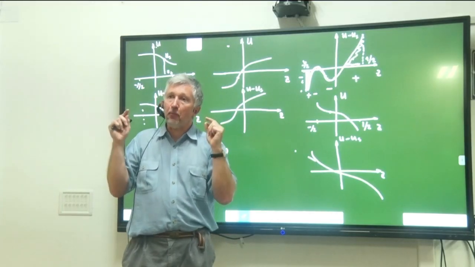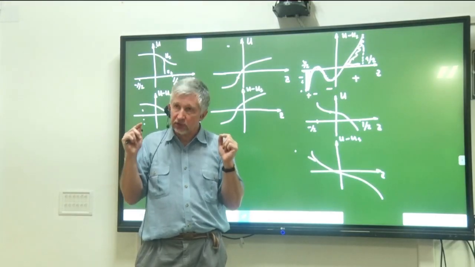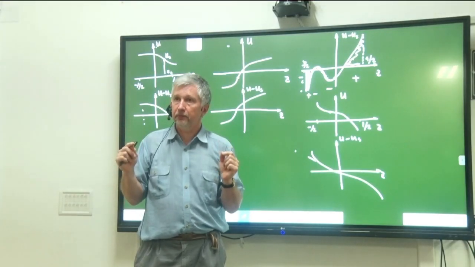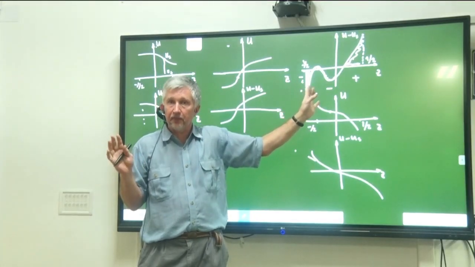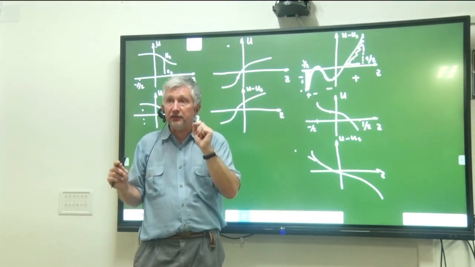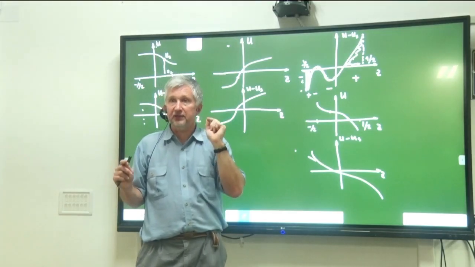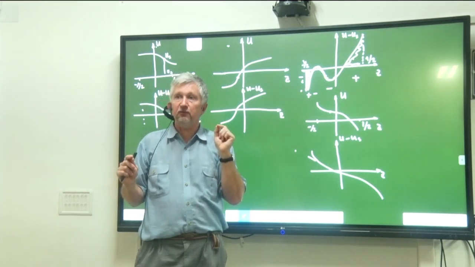But if it is partially negative, it does not mean that the integral is going to be negative. And that's the graphical example of that. Is that clear?